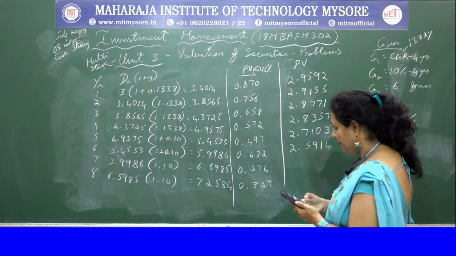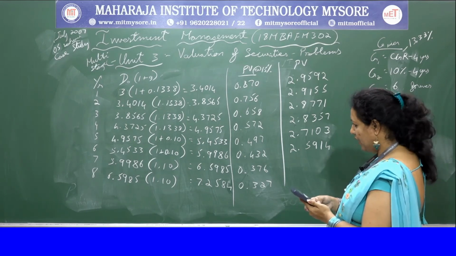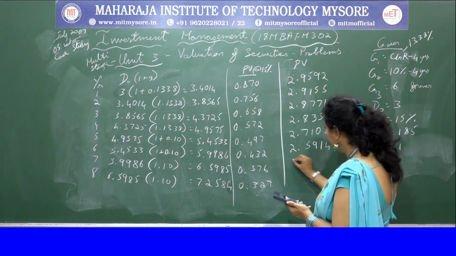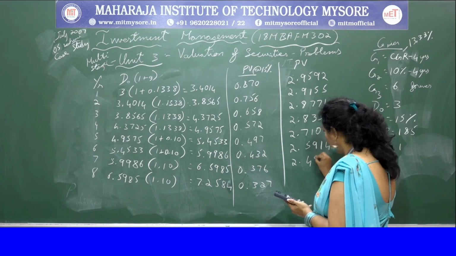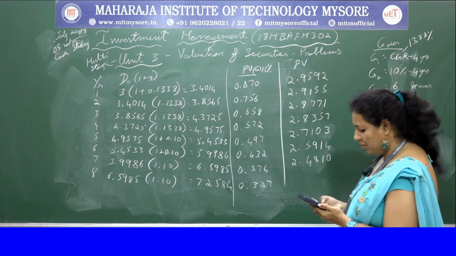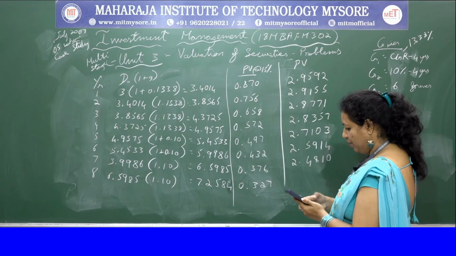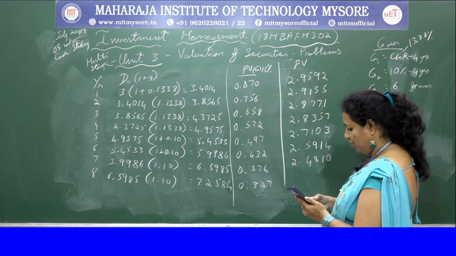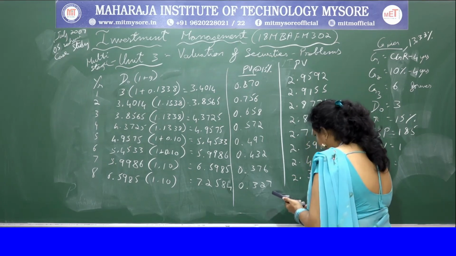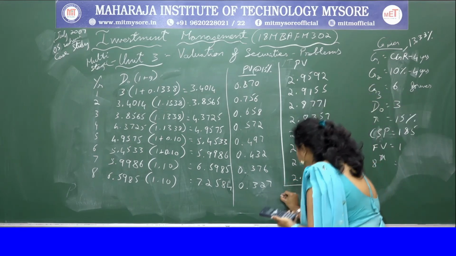You can make it 4. Last two to go. 6.5985 into 0.376, 2.4810, or else you can keep it 1 also. 7.2584 into 0.327. So you get 2.3735. So first you need to do the sigma.